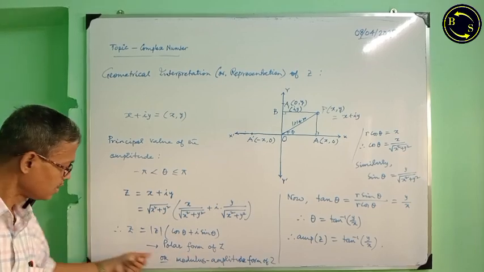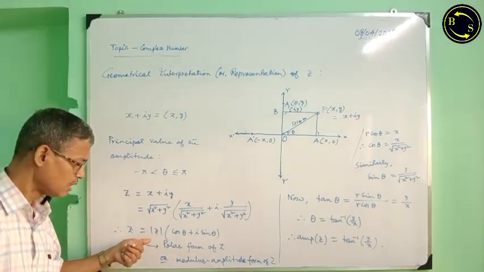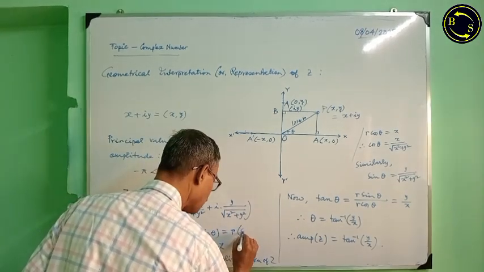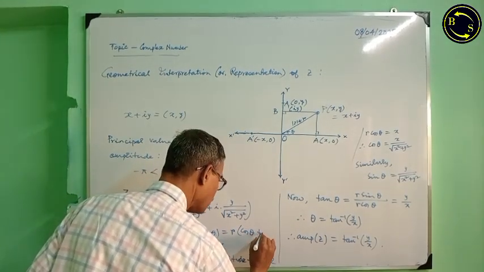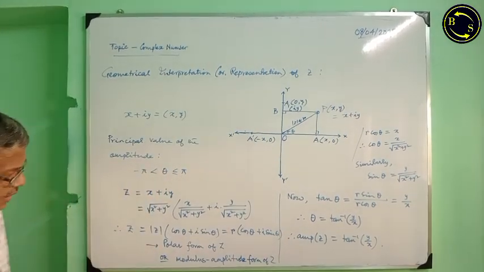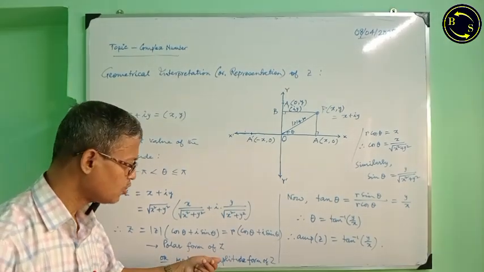This type of expression, z equal to mod z, or you can write here r, sorry, is called the polar form of z or modulus amplitude form of z.